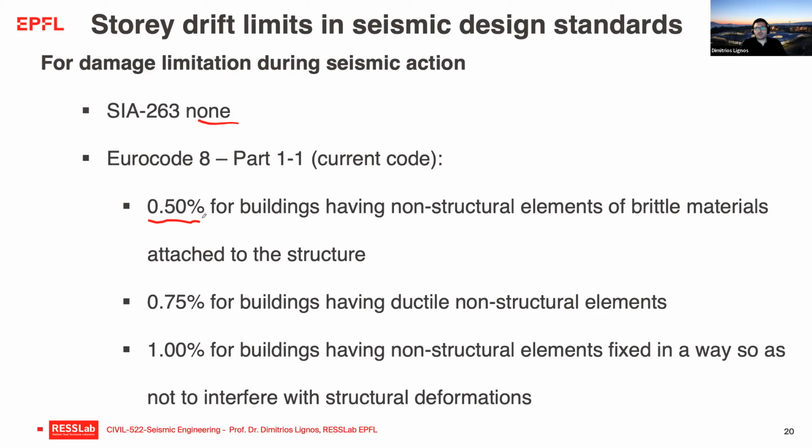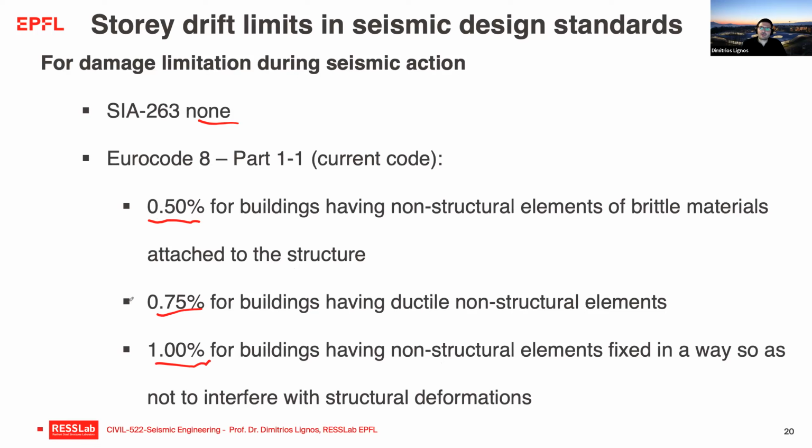And we're supposed to design structures for 0.5% when buildings have non-structural elements of brittle materials attached to them, 0.75% for buildings having ductile non-structural elements, and 1% for buildings having non-structural elements fixed in a way so as not to interfere with structural deformations.